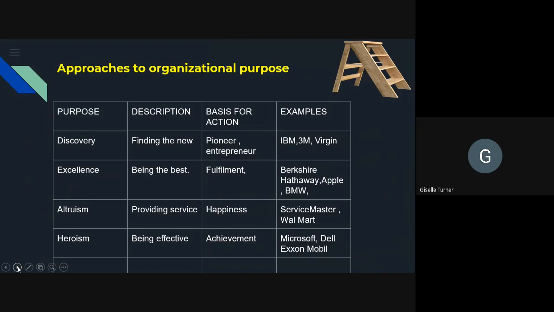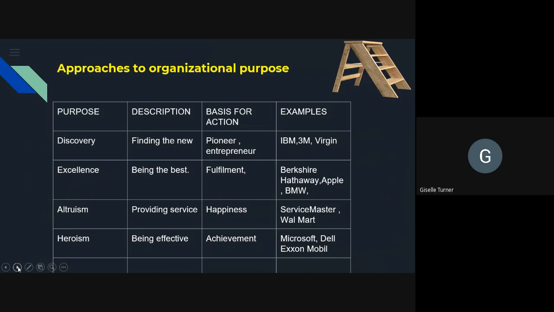Excellence, being the best, of course, and it is supposed to give you some sort of fulfillment, and that's where Apple, BMW, and Berkshire Hathaway come in. Altruism, providing service, and this should ideally present you with some form of happiness, and that is where Walmart and ServiceMaster come in.